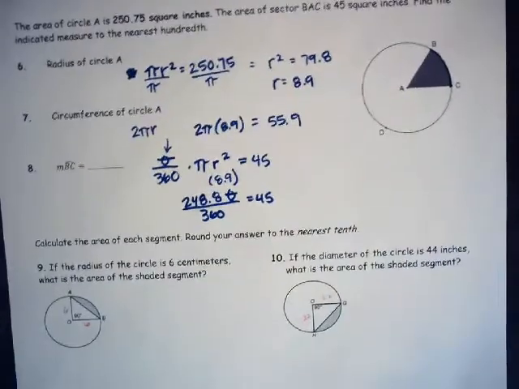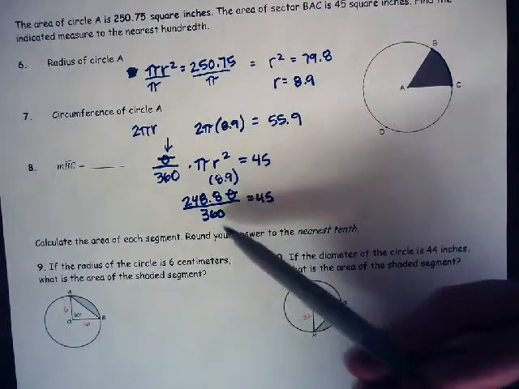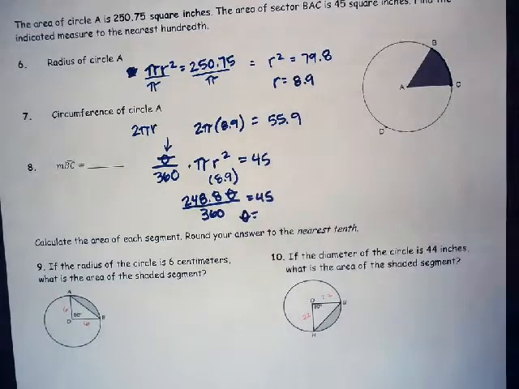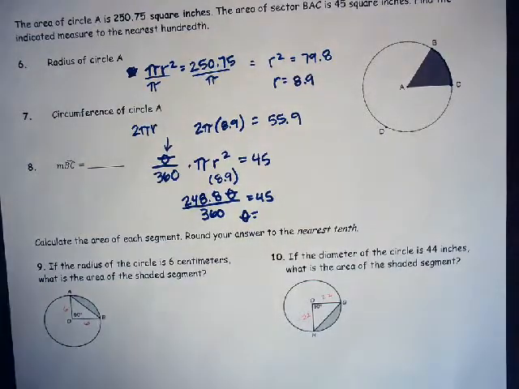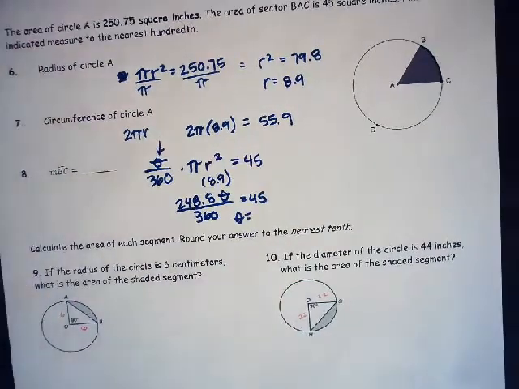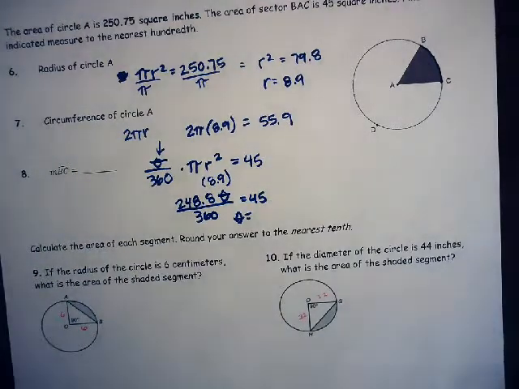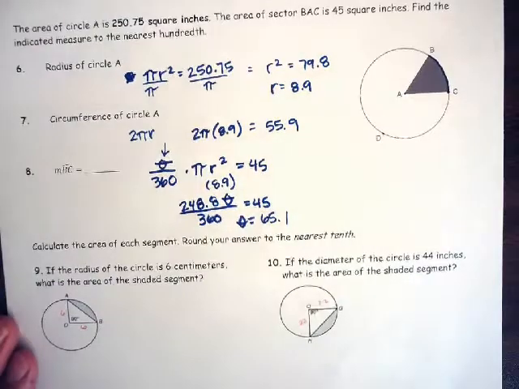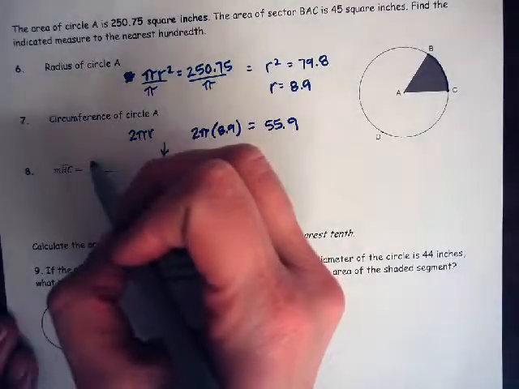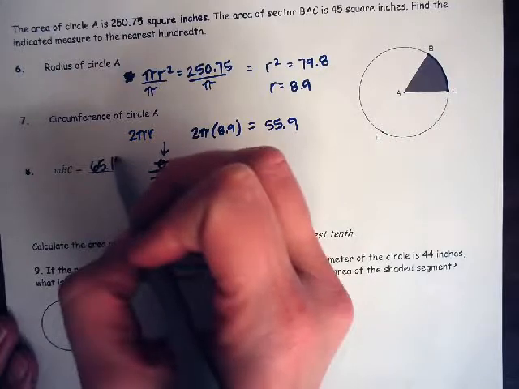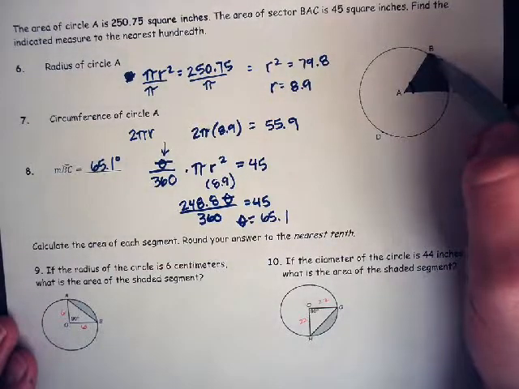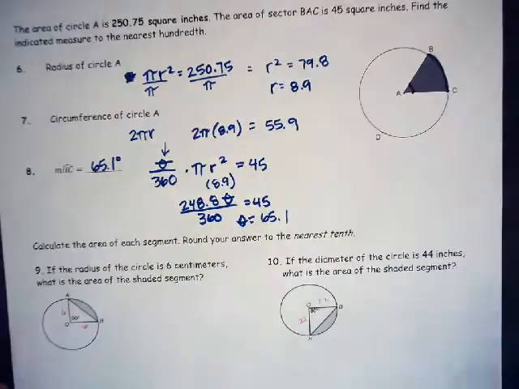So in order to solve for theta now, I just have to multiply by the reciprocal of this on both sides. And that gives me 65.1 degrees. So that means that the arc is also 65.1 degrees. If this angle right here is 65.1, this arc is also 65.1.